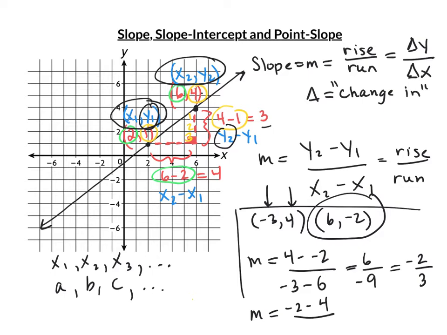Since I started with the negative 2, it'd be 6 minus negative 3. That ends up being negative 6 over 9. 6 minus negative 3 is 6 plus 3. And again, that reduces to negative 2/3. All that's important here is that you start with the same point above and below when you find the slope.